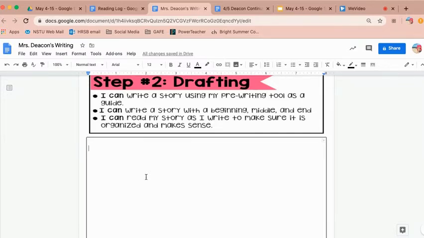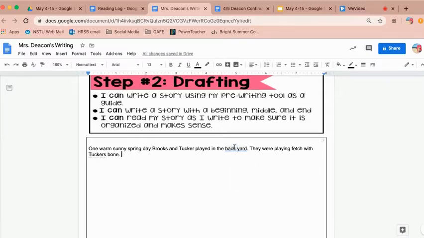So I might start the story, one warm, sunny spring day, Brooks and Tucker played in the backyard. They were playing fetch with Tucker's bone.